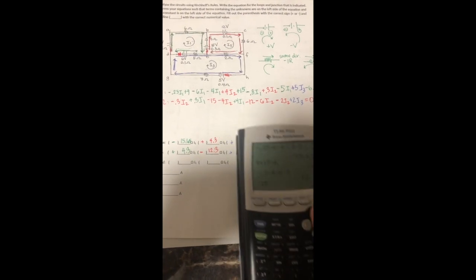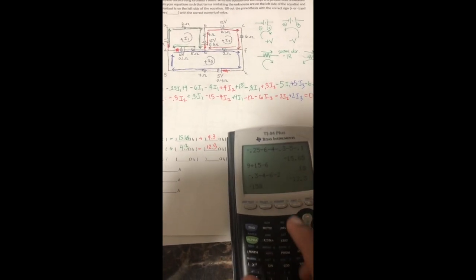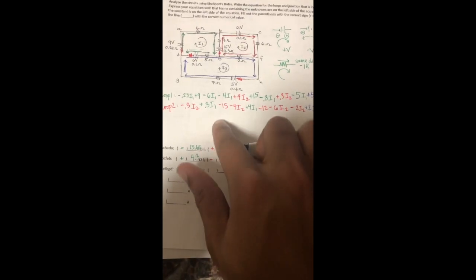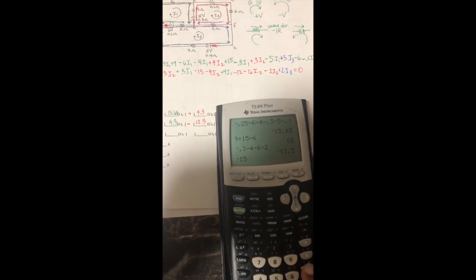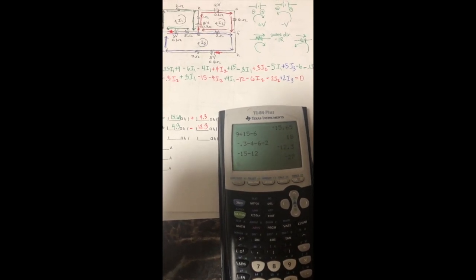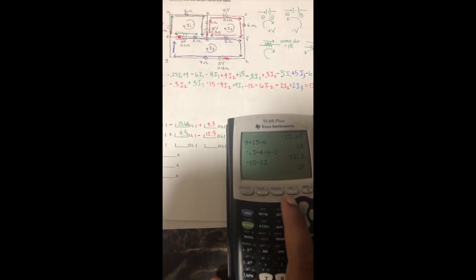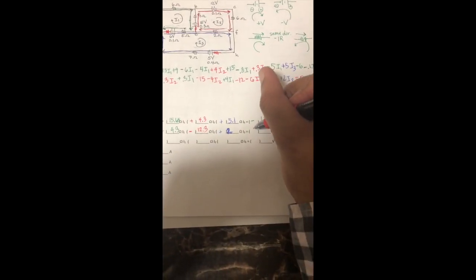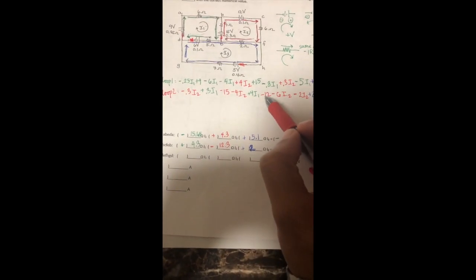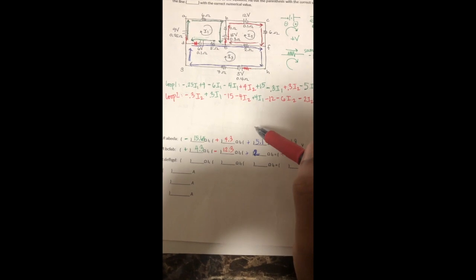So then for the battery, it's going to be negative 15 minus 12. That's going to give me 27, but then it's going to be plus 27 when I move it to the other side of the equation. Because I did minus 15, minus 12, then moved it to the other side of the equation.